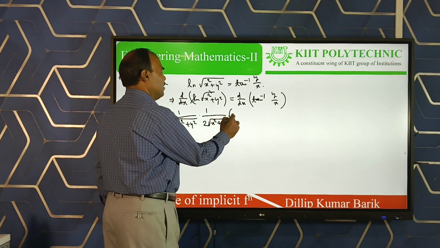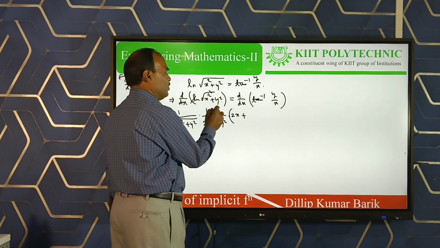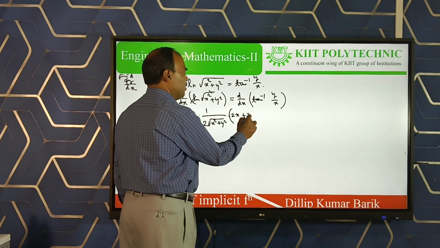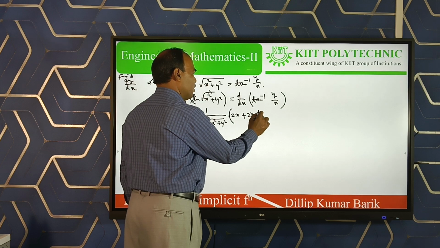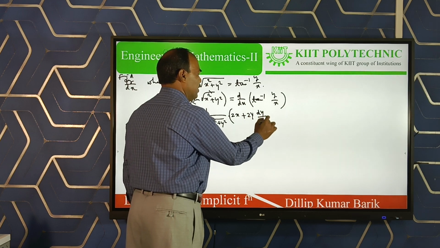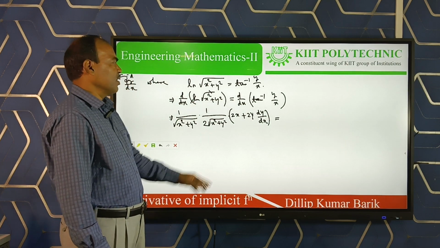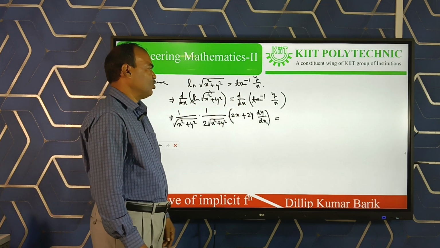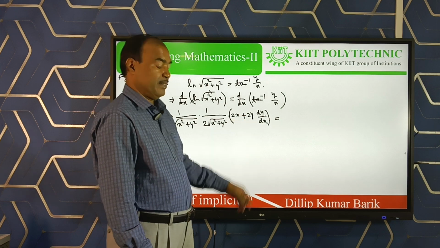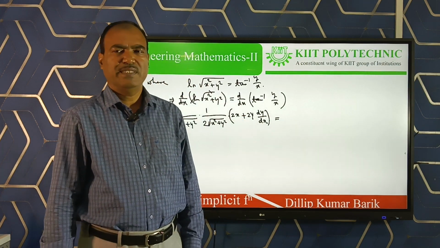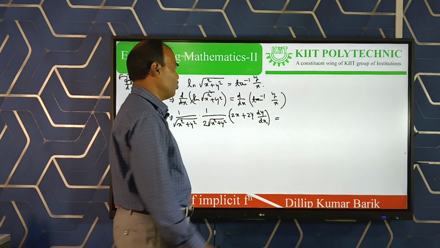The derivative of x square is simply 2x. Again now see, y will come. The derivative of y square is 2y, but attached with dy by dx. So the LHS is finished. Next come to the derivative of the RHS, tan inverse y by x. The derivative of tan inverse x is 1 by 1 plus x square.